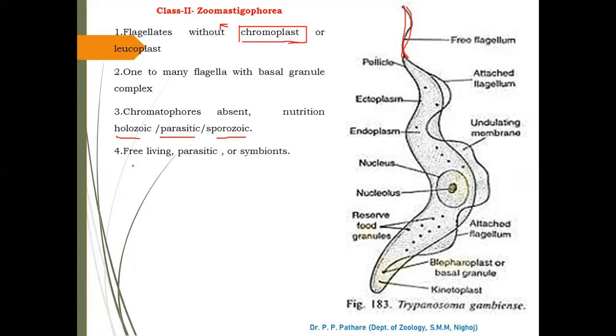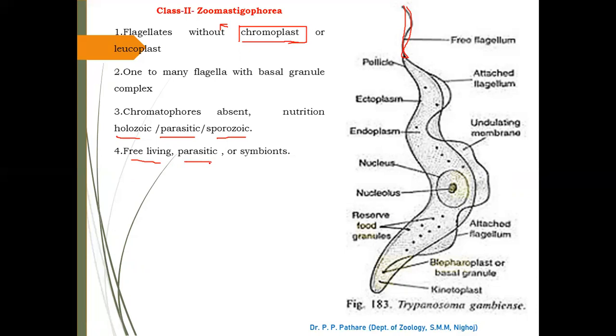Some of the species of Zoomastigophora are free living, means not directly dependent on another living organism. Very few species show this characteristic, that is free living. Maximum are parasitic in nature, or some show symbiotic relationships.